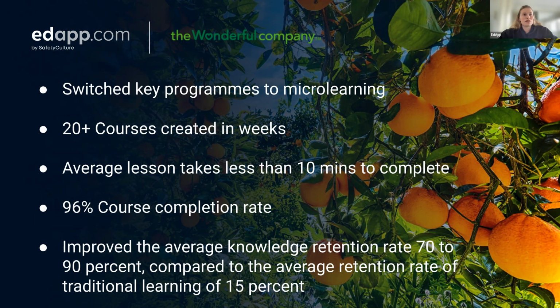And they've got 96% course completion rates, and they found that they've improved the average knowledge retention rate from 70 to 90% compared to the average retention rate of traditional learning that was just 15%. So we can see some really great stats coming through from companies like the Wonderful Company and lots of others as well. And you can see how microlearning is really creating such a powerful impact.